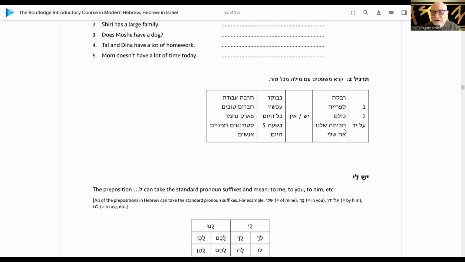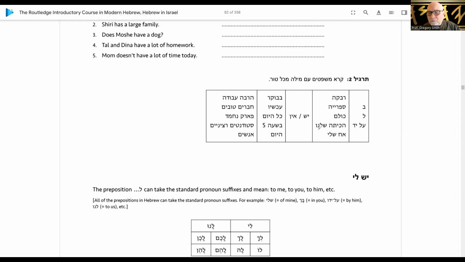All right, let's try this here. We have hakita shalenu. So the class belonging to everyone, everyone's class. Whereas the kita might be hakita shalenu. Yeah, our class. That's right. הכיתה שלנו. What's shalanu?